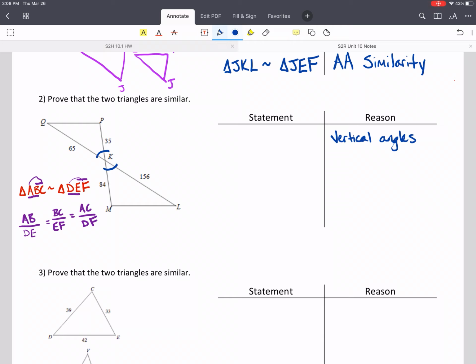I'm going to have to use the three letters for each one to decipher which side of angle K I'm going for. So I can say angle QKP is congruent to angle MKL. Those are vertical angles. And now we're just going to show that the side lengths are proportional. So once again, we need to go largest to largest. So 156 over 65.